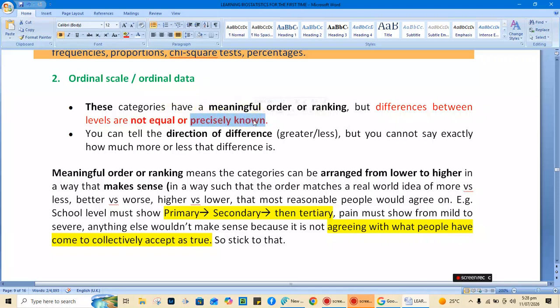Okay, you know that maybe primary school is lower compared to secondary school, and you know that tertiary school, university level, is higher compared to secondary school, but the distance of importance between primary level and secondary level, you do not know it.